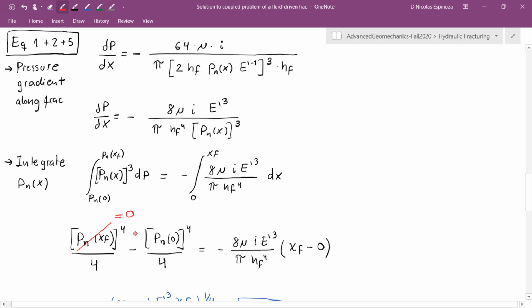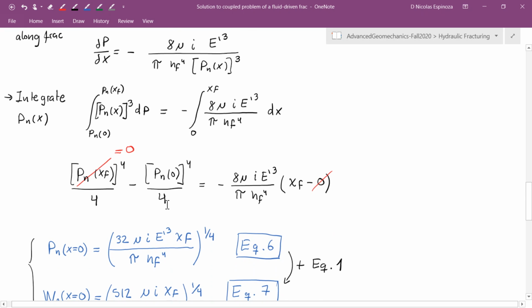Sometimes it may not be strictly true, but it makes sense that the pressure is the highest at the wellbore, and then it decreases as you go to the tip. Well, in this case, to make everything easier, we're just going to assume that this one is equal to 0. And of course, 0 is equal to 0 too, so we can get it out of the equation.